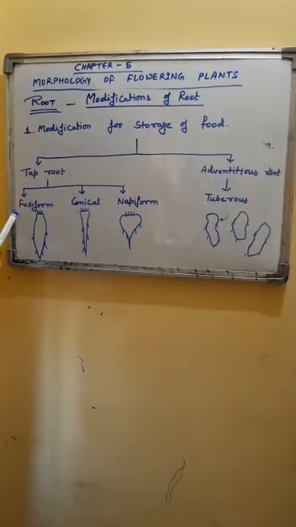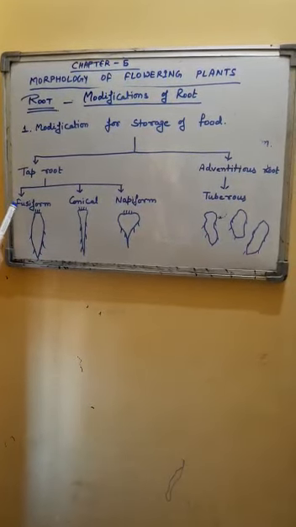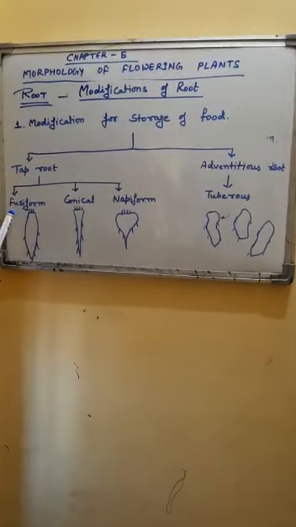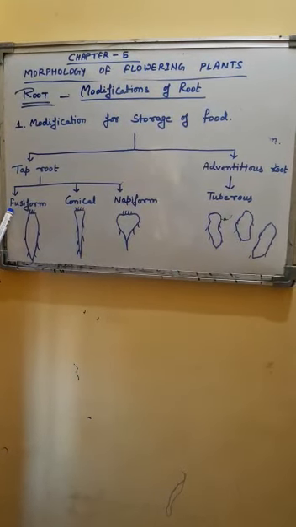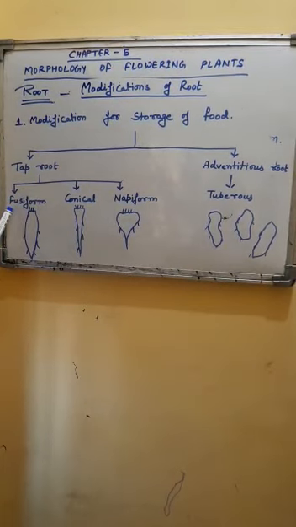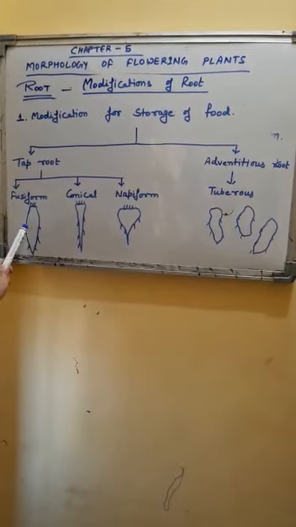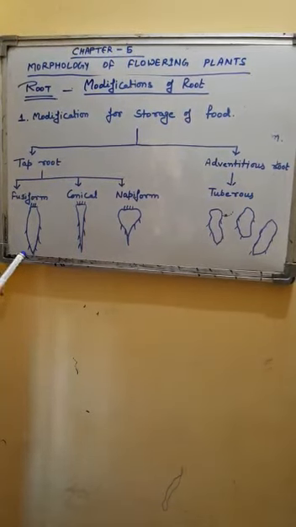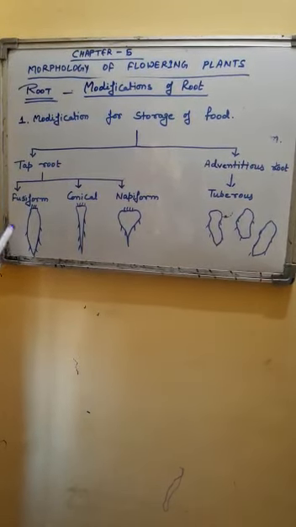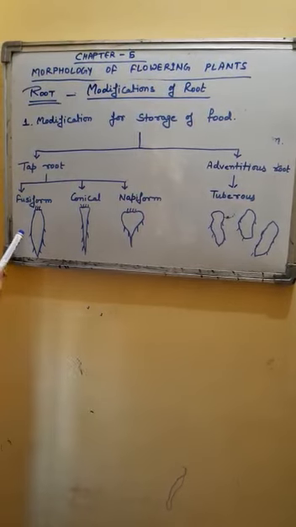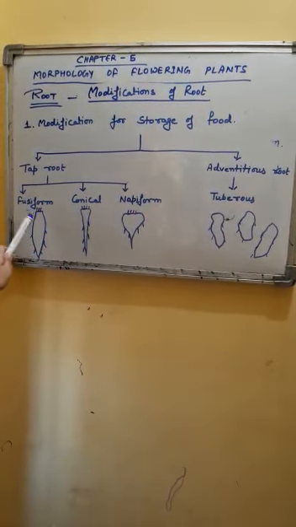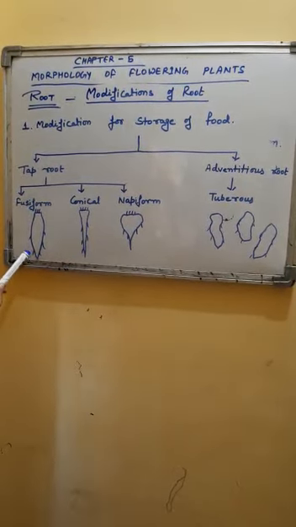The very first is called fusiform. This is the type of modification where the root changes its shape, becomes thick at the middle and narrow at both the ends. This is called fusiform.